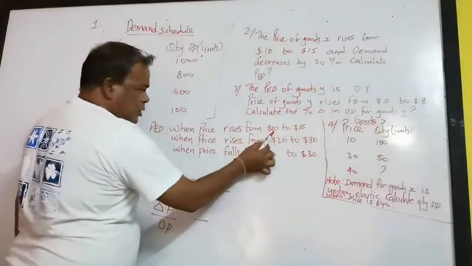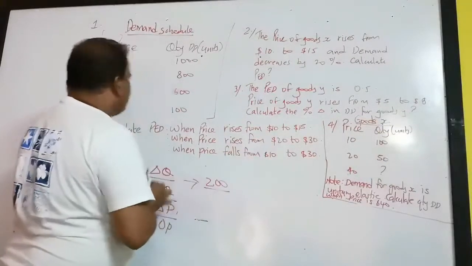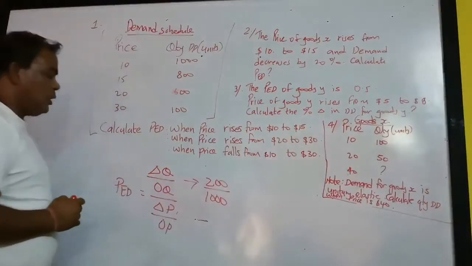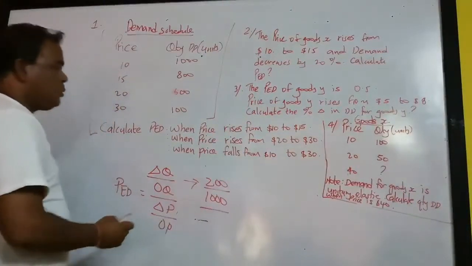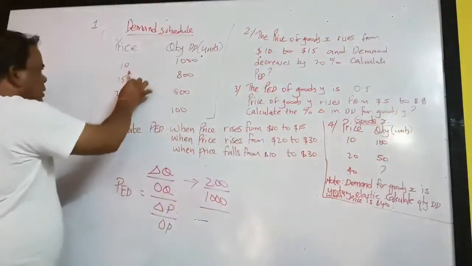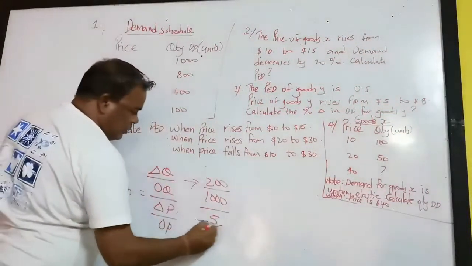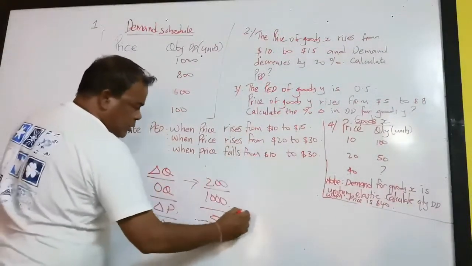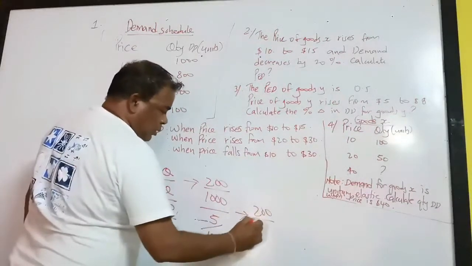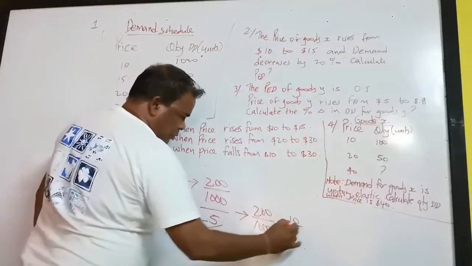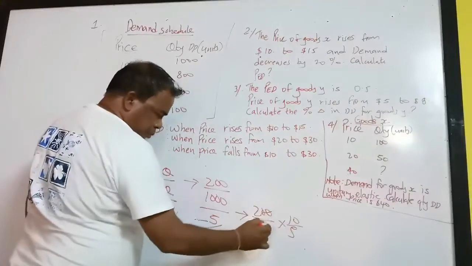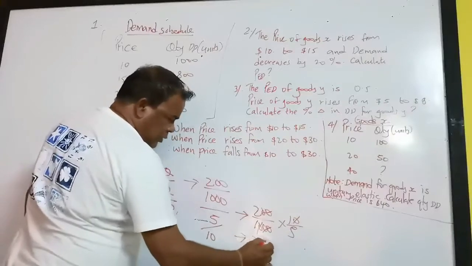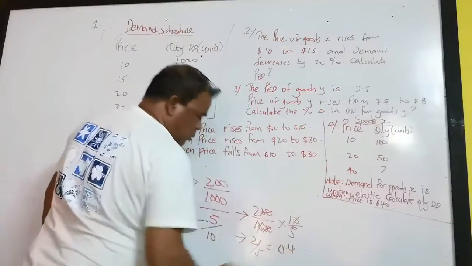For original quantity, you just see the first quantity, 1,000. Then change in price. Price changes from 10 to 15, change in price 5, over original price, the first price, 10. Then mathematically we do 200 over 1000 times 10 over 5. Then we get 2 over 5, which is the same as 0.4.